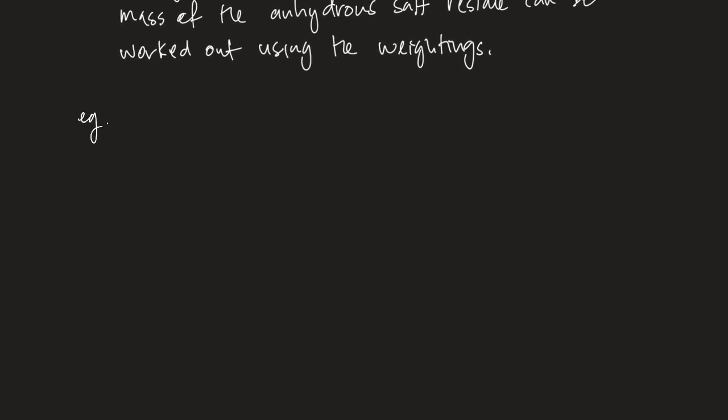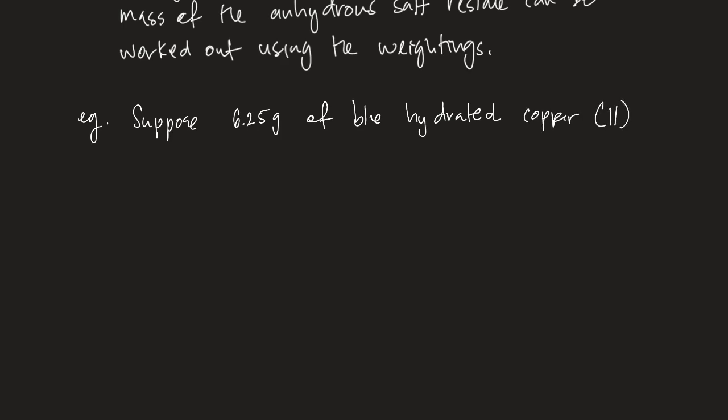Alright, so let's say, for example, they say, suppose 6.25 grams of blue hydrated copper(II) sulfate, which is CuSO4·XH2O.